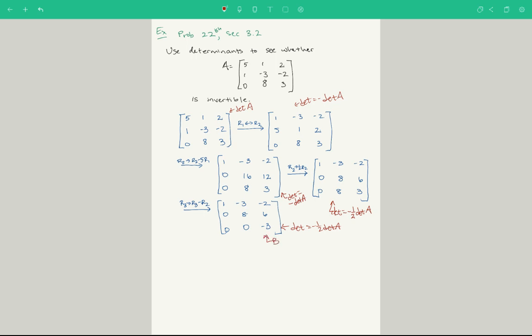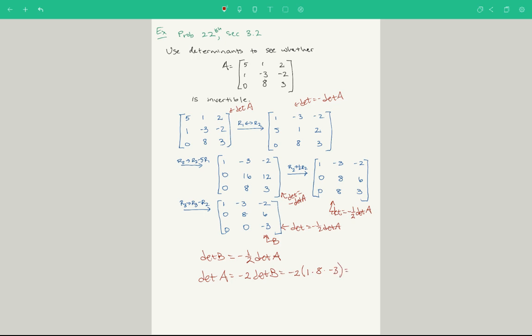So what this means is the determinant of B, which we can easily find because it's a triangular matrix, is going to be minus 1/2 the determinant of A. So if we're actually trying to find the determinant of A, this would be -2 times the determinant of B, and the determinant of B is just the product of those diagonal entries because it's a triangular matrix.